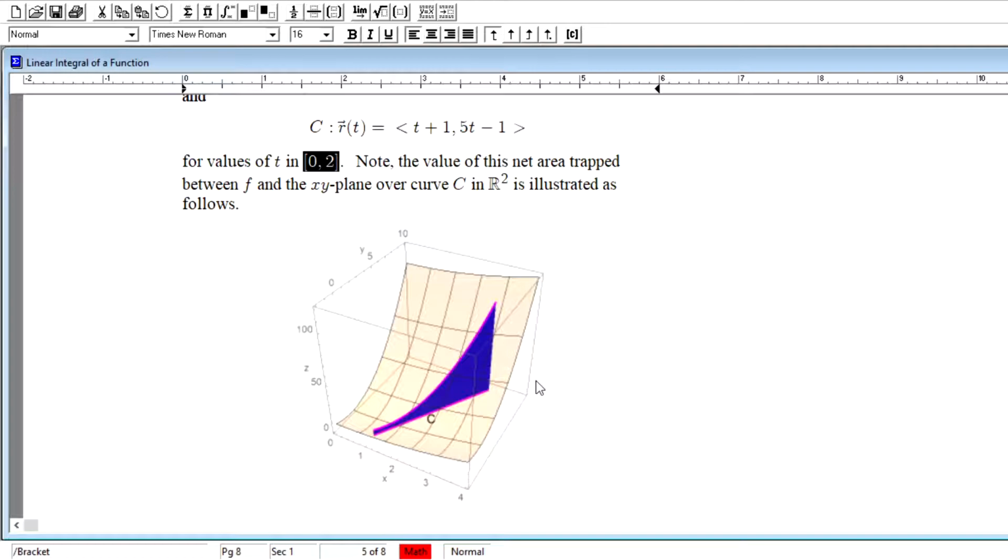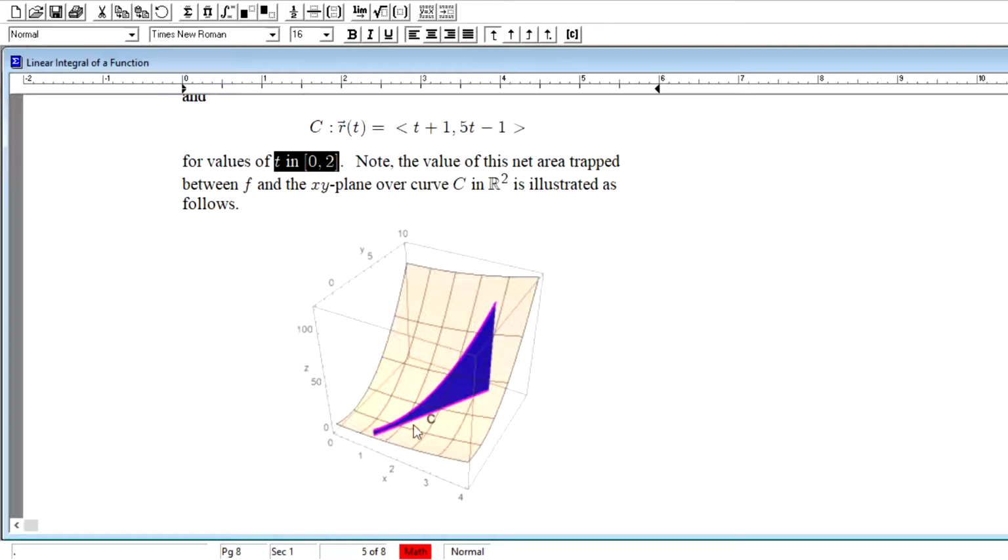It's occurring within two-dimensional space, and described by this vector valued function over these values of the parameter. And what we do calculate when we calculate this is a net area. We do get a specific net area calculation, that net area being the net area trapped between this surface and the xy plane over curve C, illustrated in blue here.